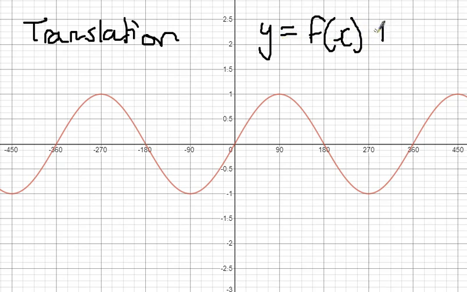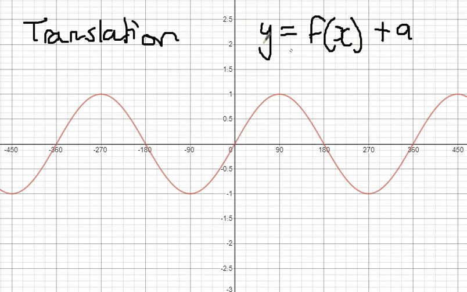If you add a number after the function, then it's going to shift it up or down. So I'm just going to say plus a for now. Whereas if you add the value inside the function, so if you add the value to x first, then it's going to shift it left and right.